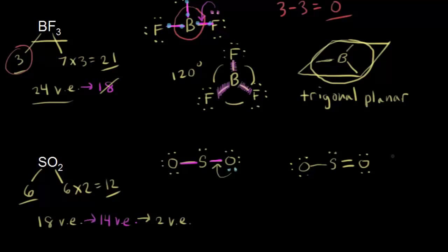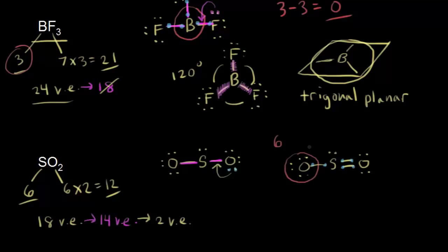So if we assign formal charges now, let's go ahead and do that really fast. We know that we have electrons in these bonds here. If we assign a formal charge to the oxygen on the left, let's do that one first. Oxygen normally has 6 valence electrons in the free atom, and in our dot structure, we give 1 of these electrons in blue to the oxygen and 1 to the sulfur.